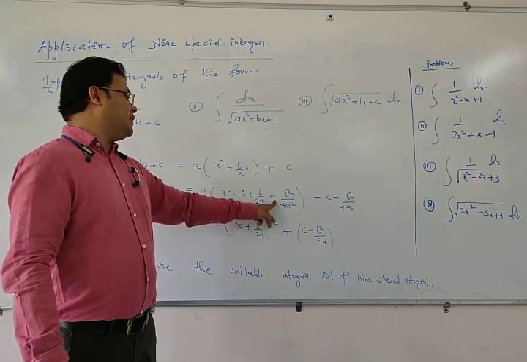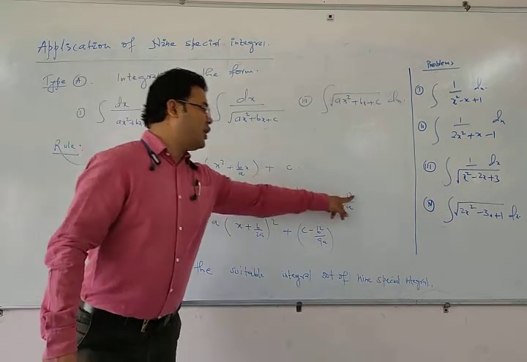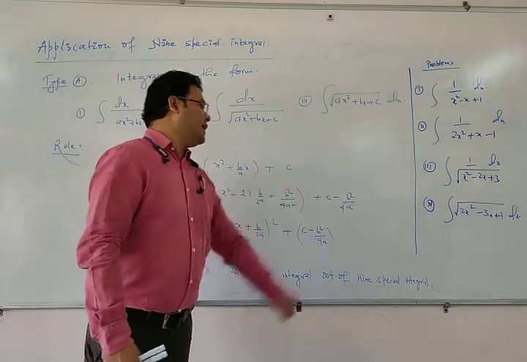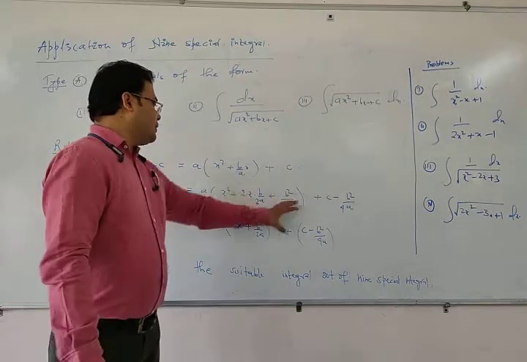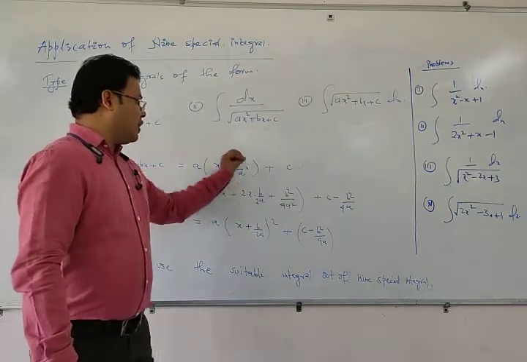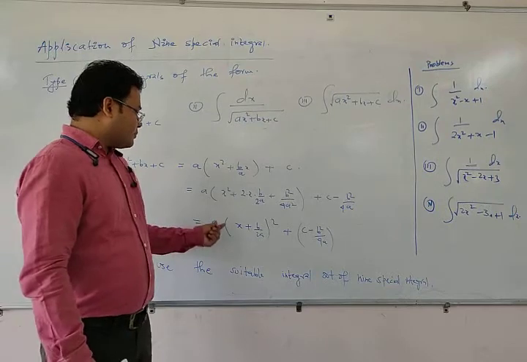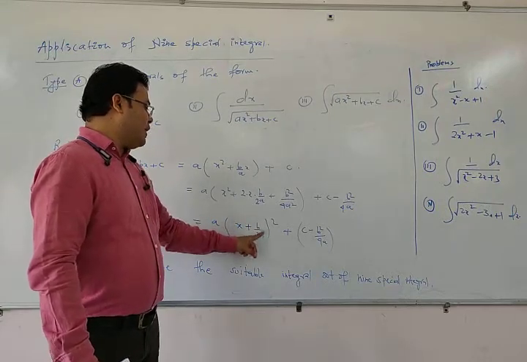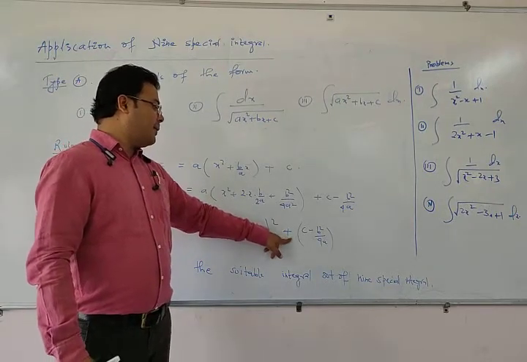Here we take it with a positive sign, so here we take it with a negative sign. After calculation we will get a into (x plus b upon 2a) whole square plus the constant.